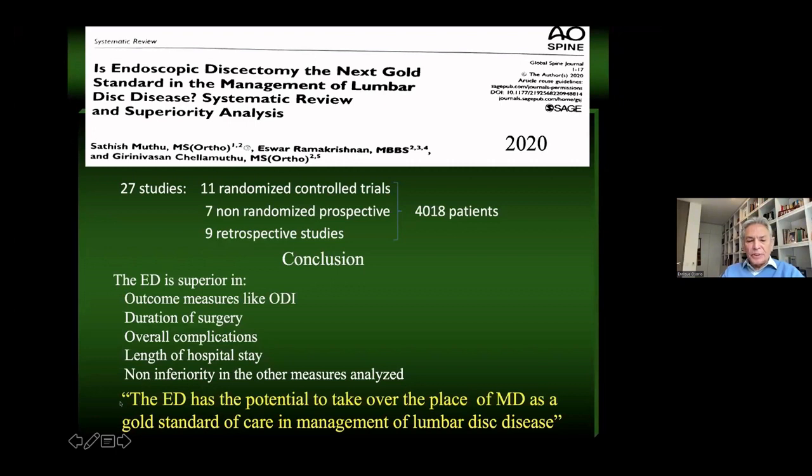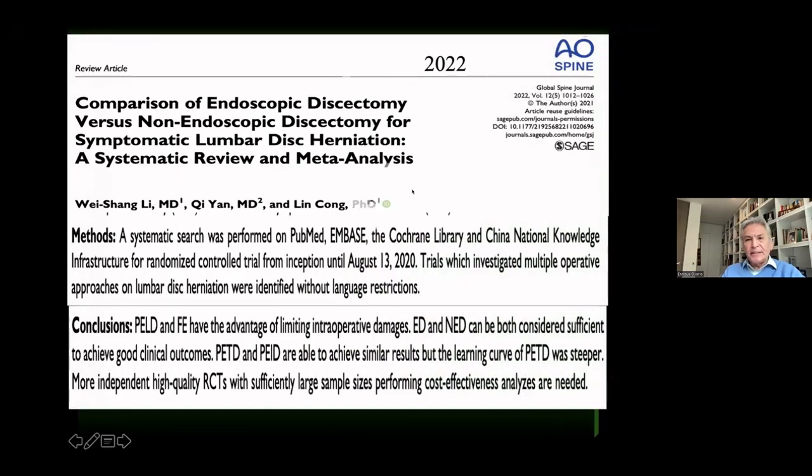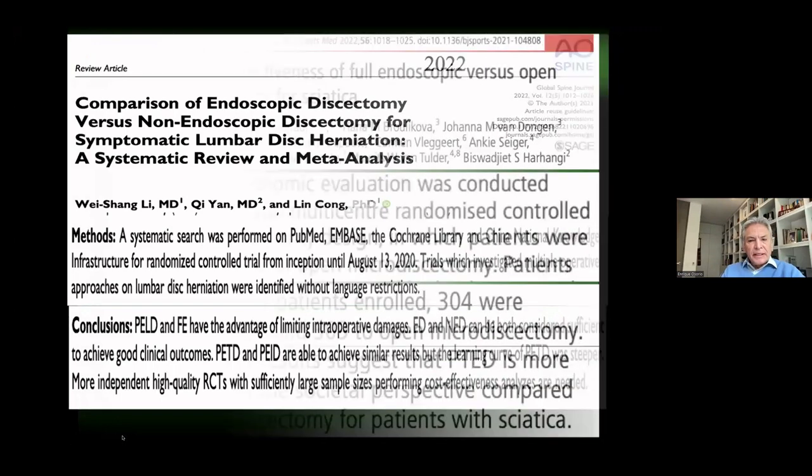And the conclusion is the endoscopic discectomy has the potential to take over the place of microdiscectomy as a gold standard of care in the management of lumbar disc disease. And this is from the last year. This is the same conclusion.